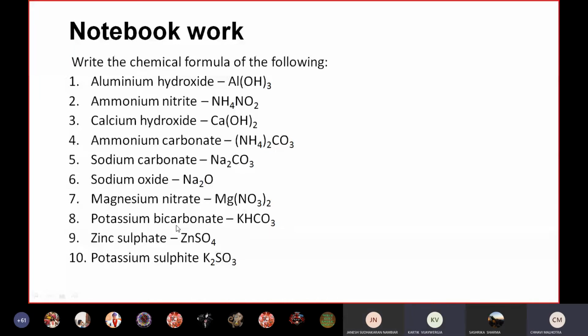What is the valency of bicarbonate? 1. Polyatomic, we put it in brackets. We crisscross, so we get KHCO3. Outside the bracket it's 1, so we remove the 1, we remove the bracket. KHCO3. HCO3 is the entire bicarbonate group.